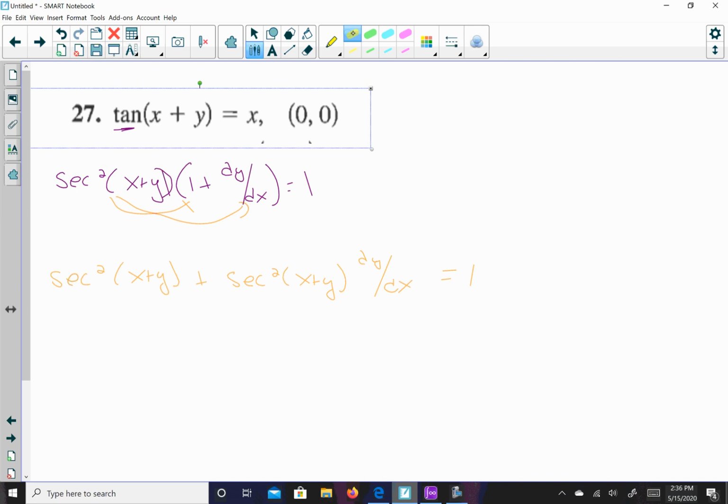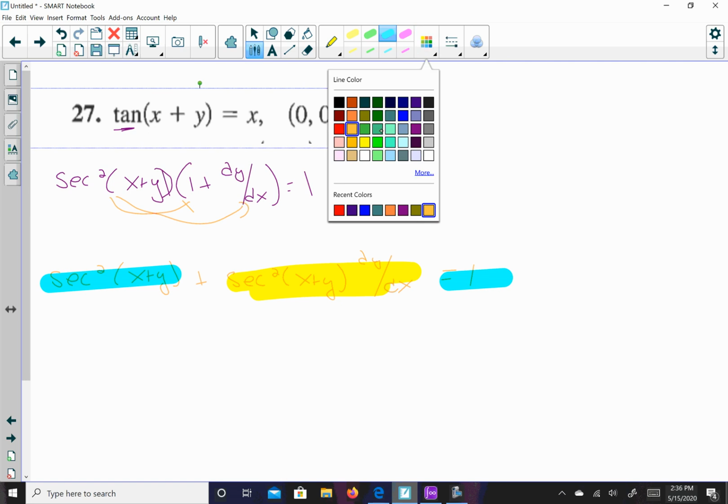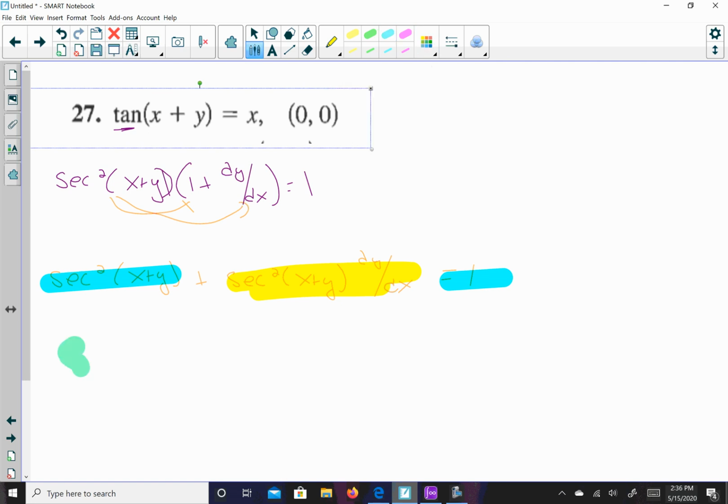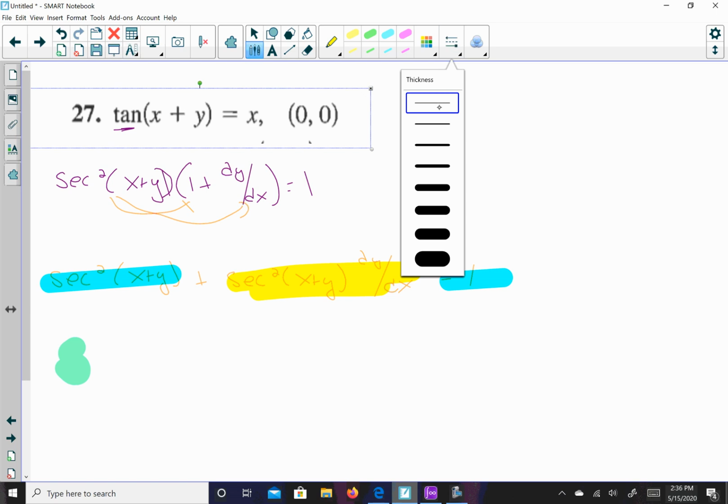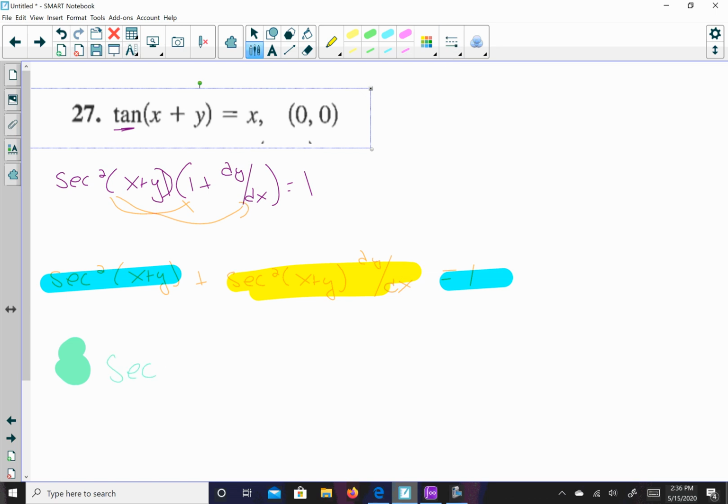Leaving the secant squared term on one side by itself, taking these two and putting them together on the other side, to simplify, that's what I'm going to do. So when I do that, I'm going to have secant squared of x plus y times dy dx is equal to 1 minus secant squared of x plus y.